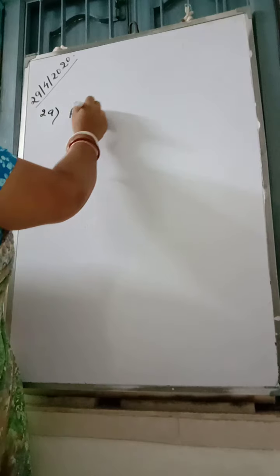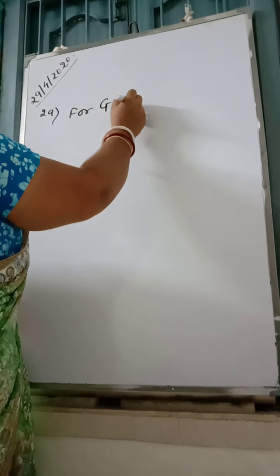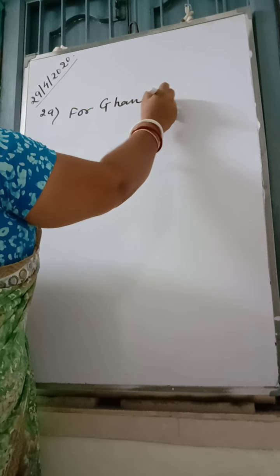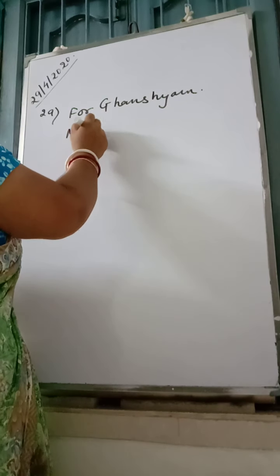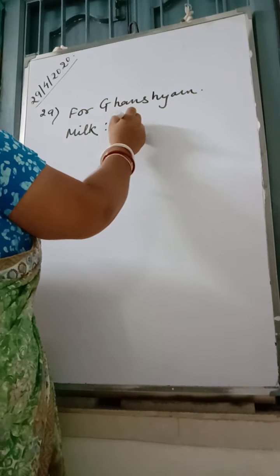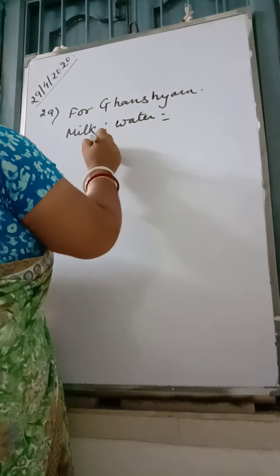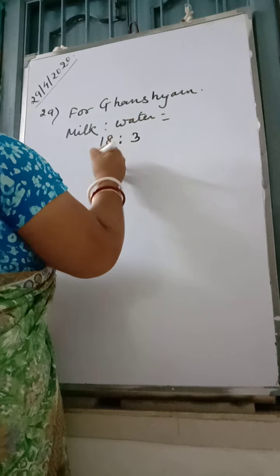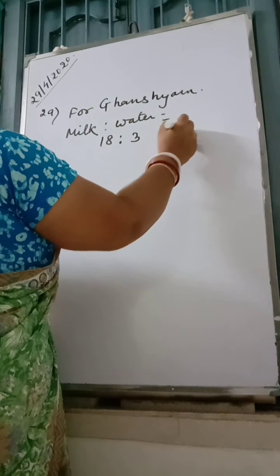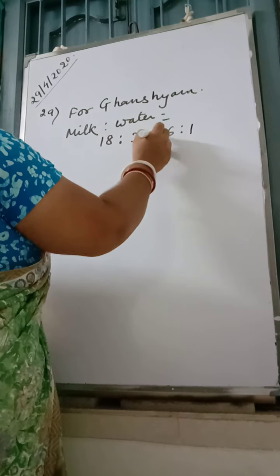Question number 29. For Ghanshyam, milk to water is 18 liter milk, 3 liter water. So this is 6:1, is it?